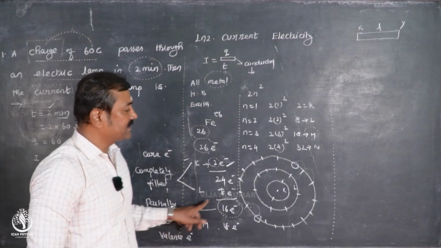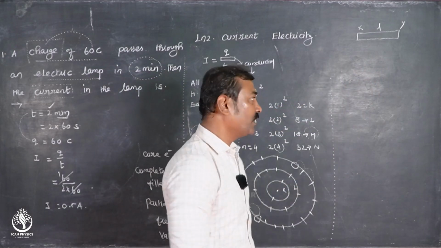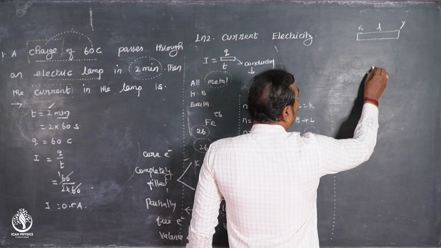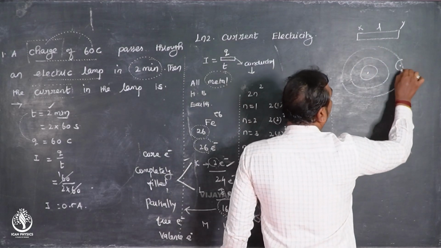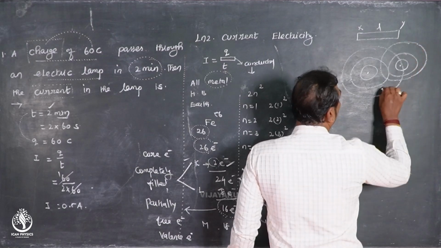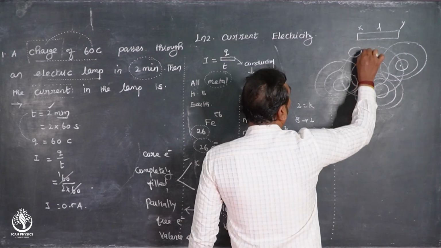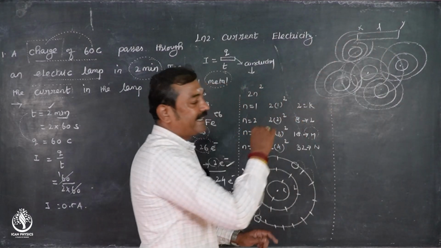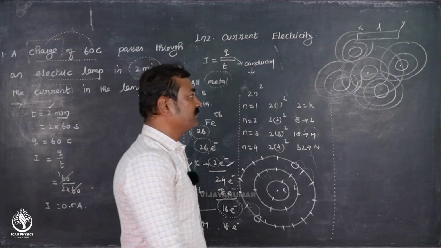These free electrons are present in billions in a single rod. Here 1, 2, 3 may be one atom, and like that there may be so many atoms.